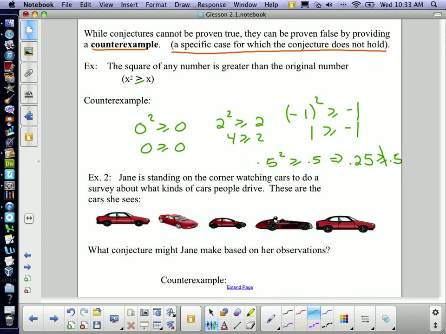But one thing hopefully you're going to get from this example very quickly is when you're looking for counterexamples for number problems, you guys picked all the right numbers. You did a really good job figuring them out. 0, 1, 2, -1. They're all good things to look for counterexamples. Usually they exist there, and if not there, we move to 1/2, a fraction.